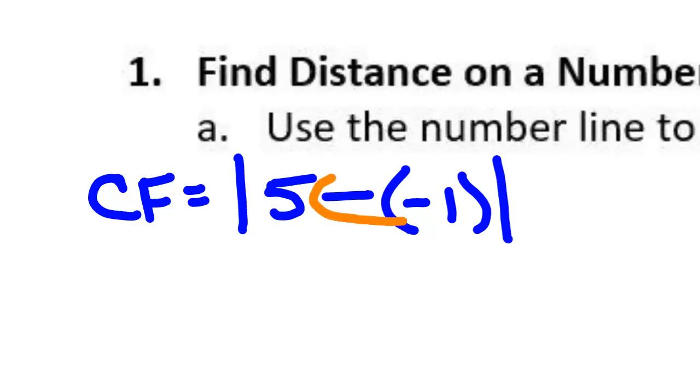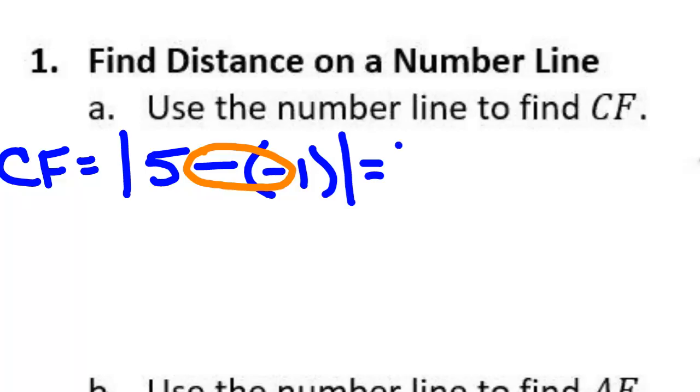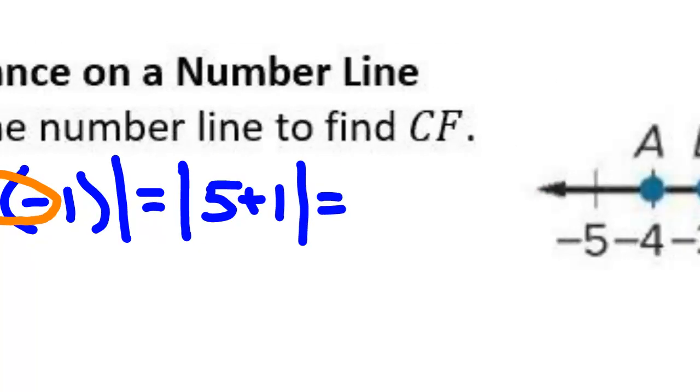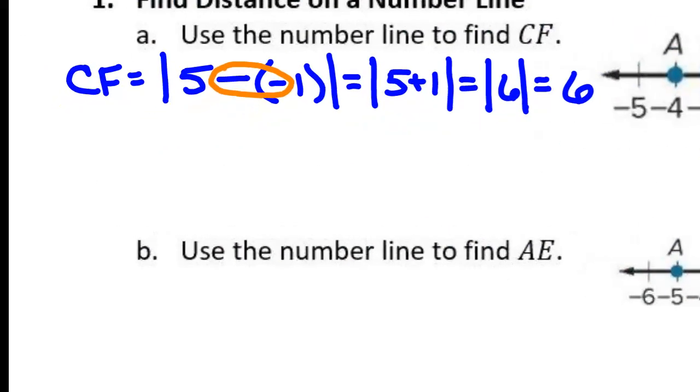What happens when we subtract a negative number like this? Makes it positive. So this is the absolute value of 5 plus 1. What is 5 plus 1? 6. So this would be the absolute value of 6. And what is the absolute value of 6? 6. Perfect. So we could do it like that.